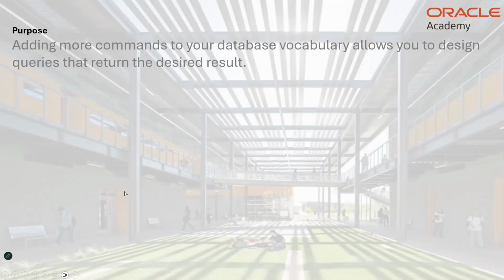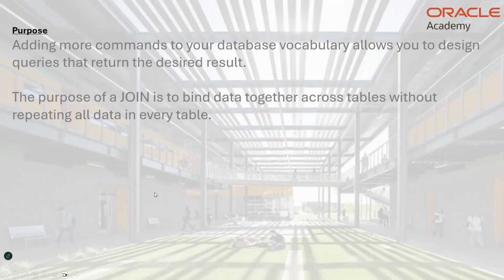All right, so adding more columns to your database vocabulary allows you to design queries that return, well, you've been doing this all along. Essentially, you're focused on designing the query to produce a desired result. So the purpose of a join is to bind data together across multiple tables without repeating all data in every table or repeating the selection of data in every table.